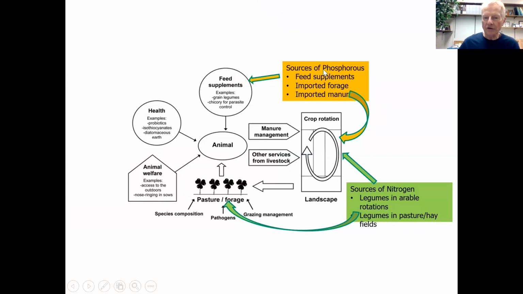Before we get to phosphorus, let me just say that one of the reactions that my students have in the organic course is they go like, I'm really looking forward to organics. I'm going to add my nutrients with manure, and then I'm going to grow these great crops.